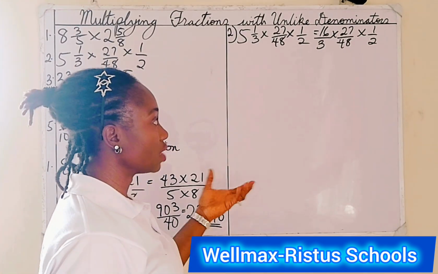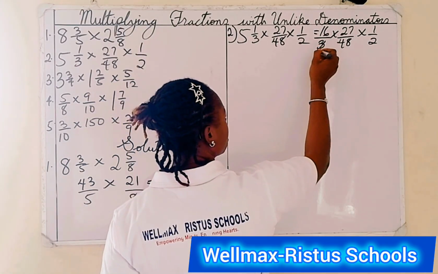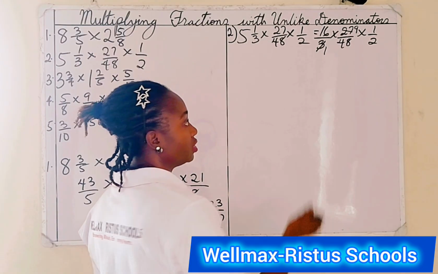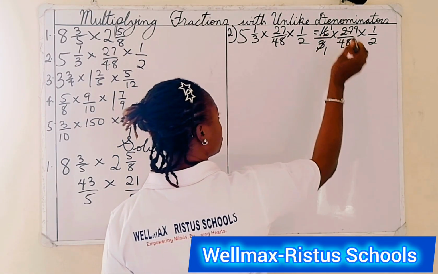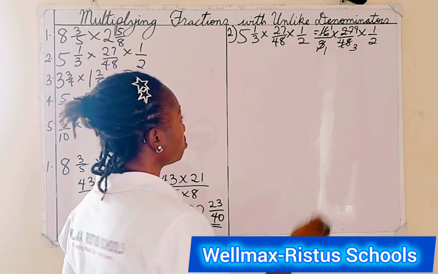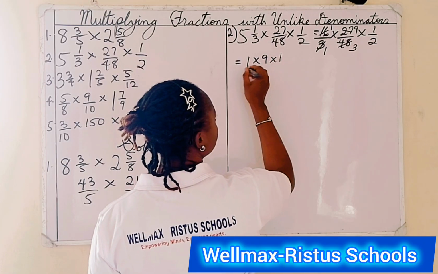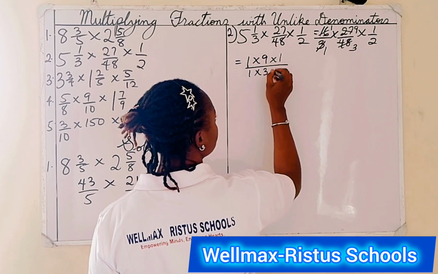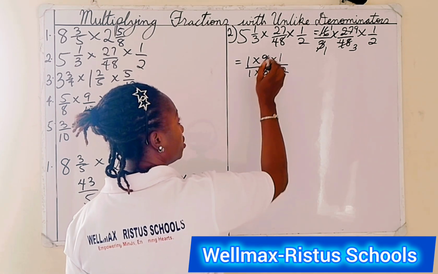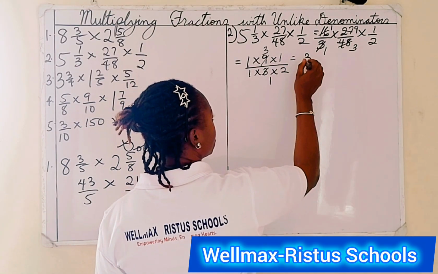Now looking at this, we can actually reduce the fractions. 3 can go into 3 once, and into 27, 9 times. 16 can go into 16 once, and into 48, 3 times. Now we're left with 1 times 9 times 1 over 1 times 3 times 2. Now 3 can go into 3 once, and into 9, 3 times. Now we're left with 3 over 2.